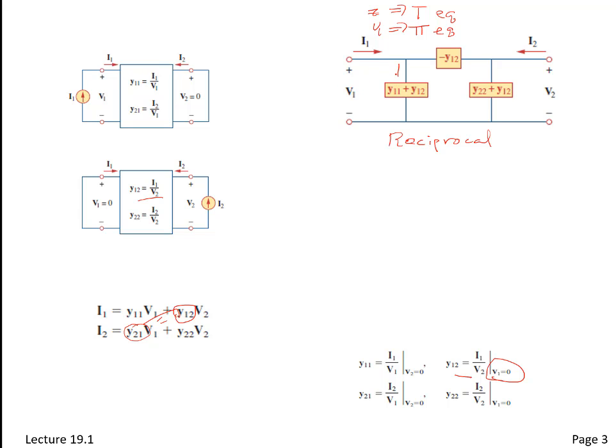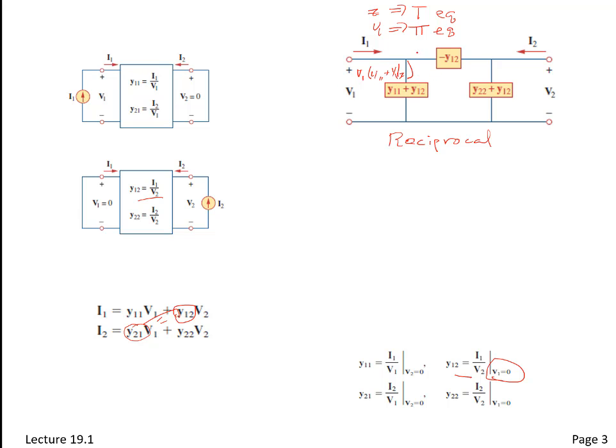For instance, the current right here is going to be what? V1. Now the temptation is to divide by something because that's Ohm's law. But when we have admittances, we just multiply by them, right? Because they're I over V.